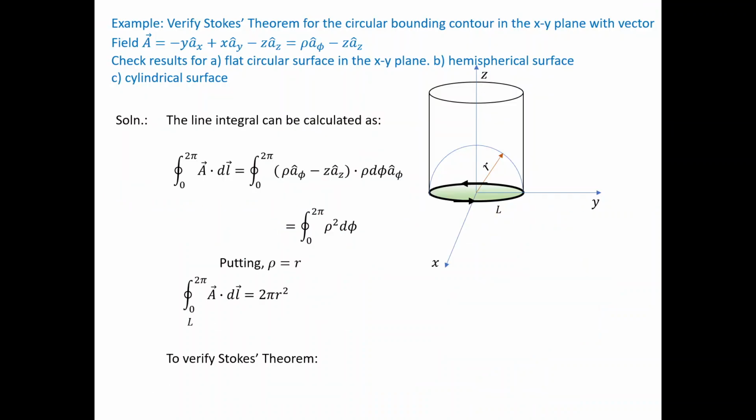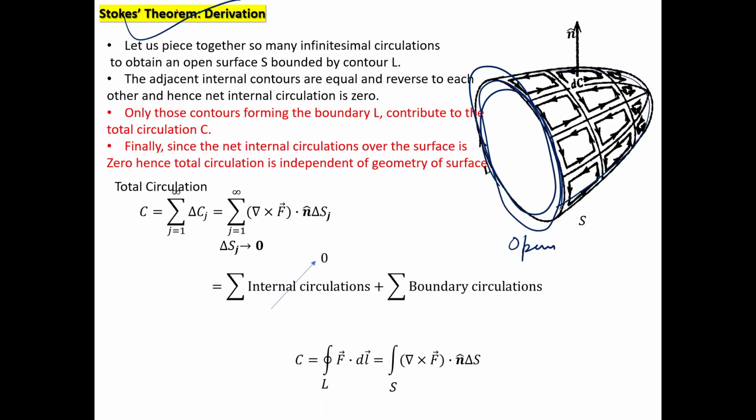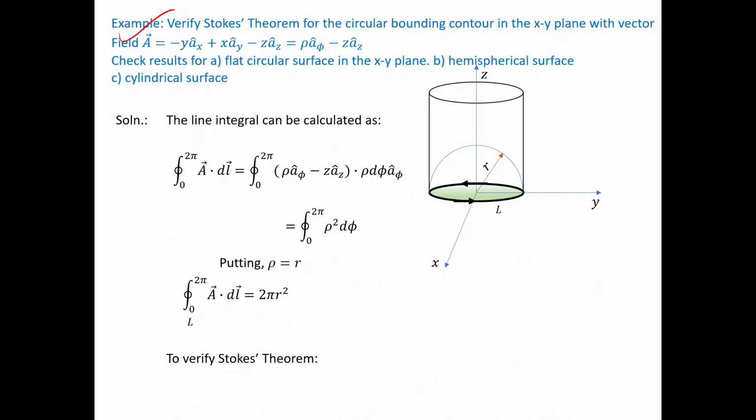Before doing an example, you must keep this point in mind. The net internal circulation over the surface is 0, hence the total circulation is independent of the geometry of the surface. No matter whatever geometry we are considering, it is independent of the circulation that we are calculating.